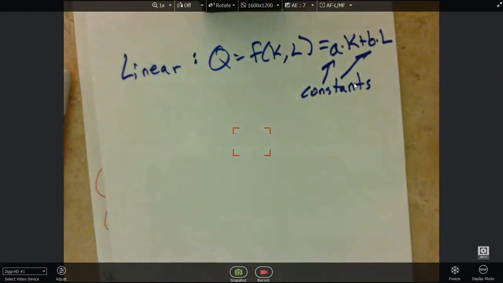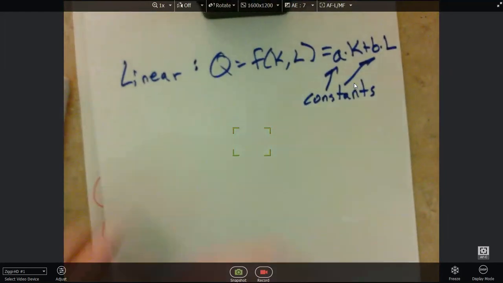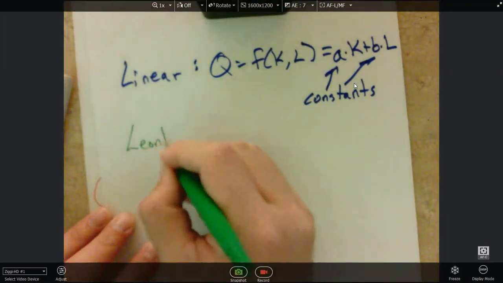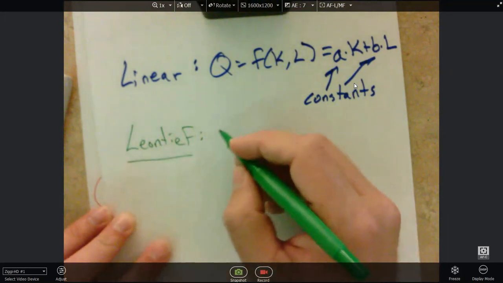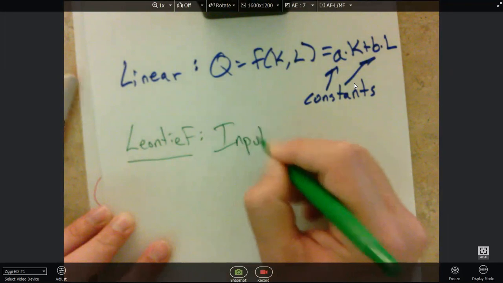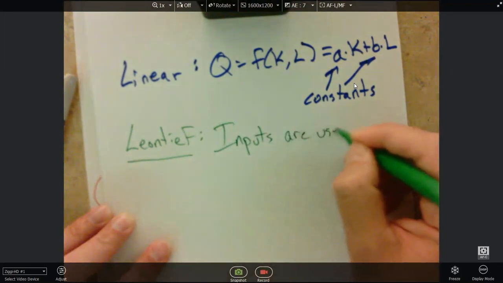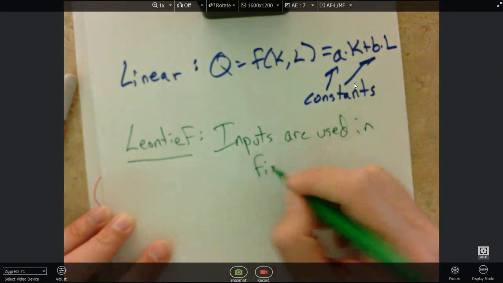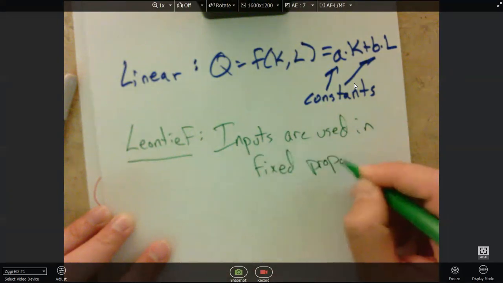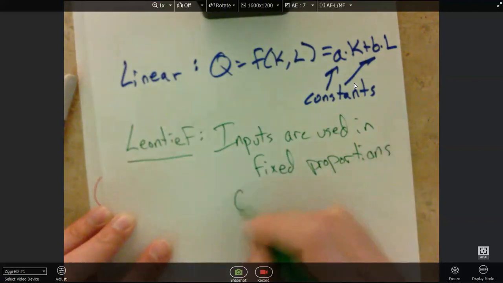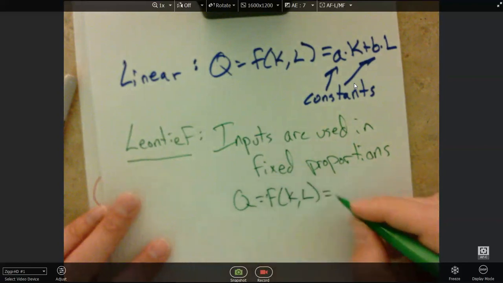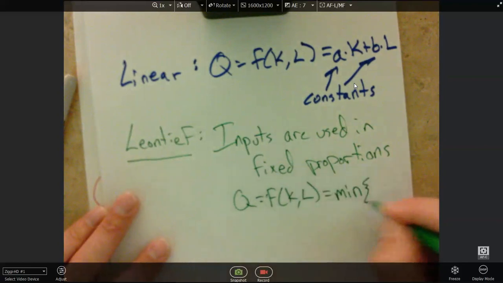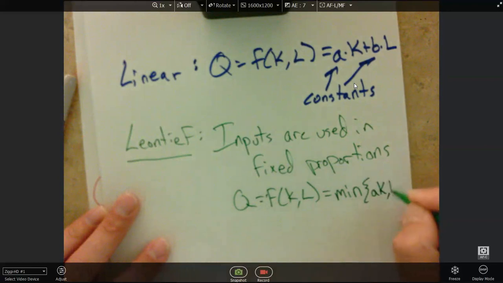Come on, focus, me. All right, then we have Leontief, named after a guy named Leontief. And this is a weird one: inputs are used in fixed proportions. So Q equals F of K and L equal to the minimum of AK and BL.